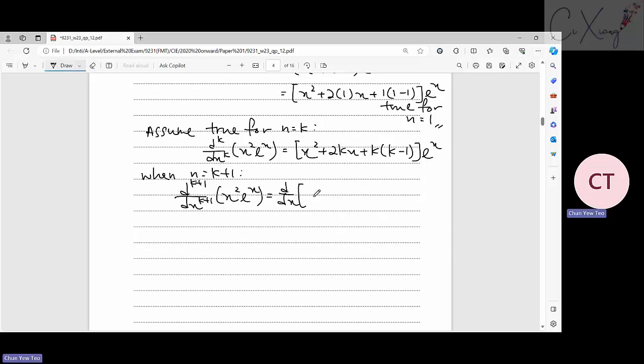So this one will be (x squared plus 2kx plus k(k minus 1)) e power x. So now we are having keep the left, differentiate the right, plus keep the right, and differentiate the left.